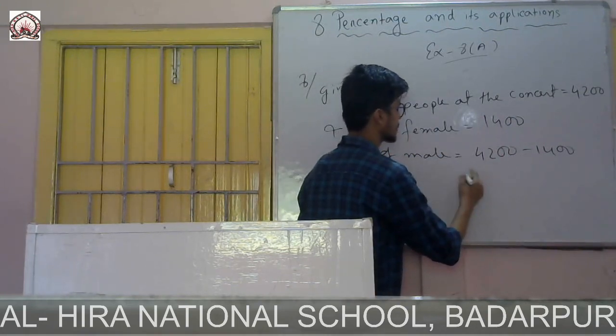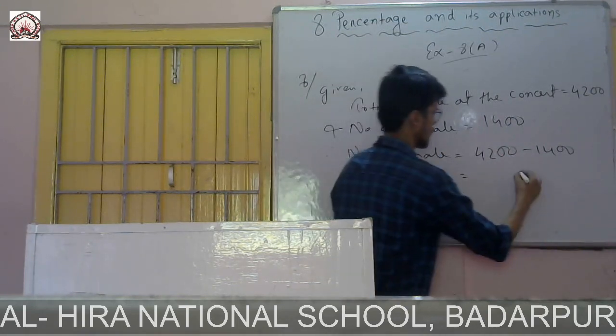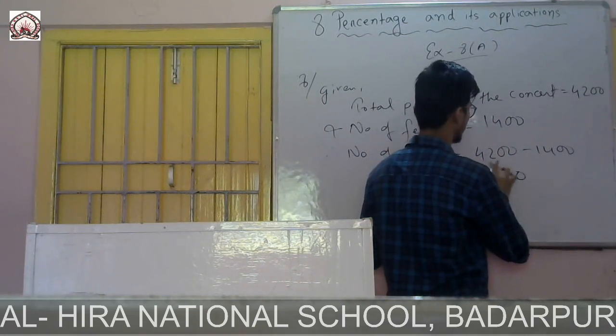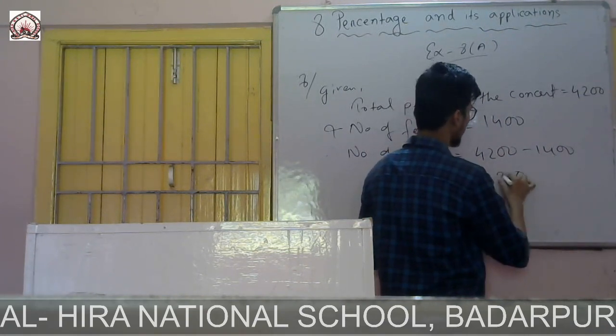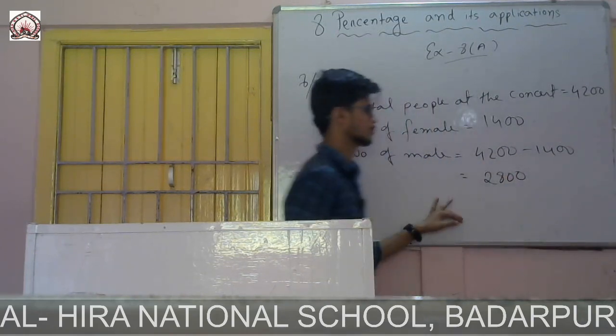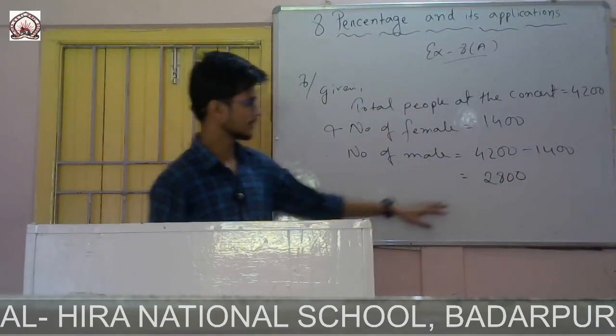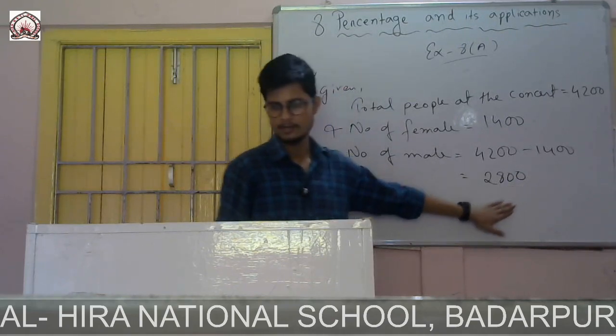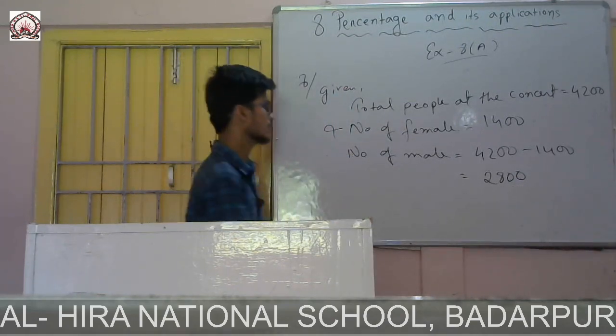If I subtract, there will be 0, then 12 minus 4 is 8, and 3 is left, 3 minus 1 is 2. So 2800. This is the number of male people. The question is to find the percentage of male.